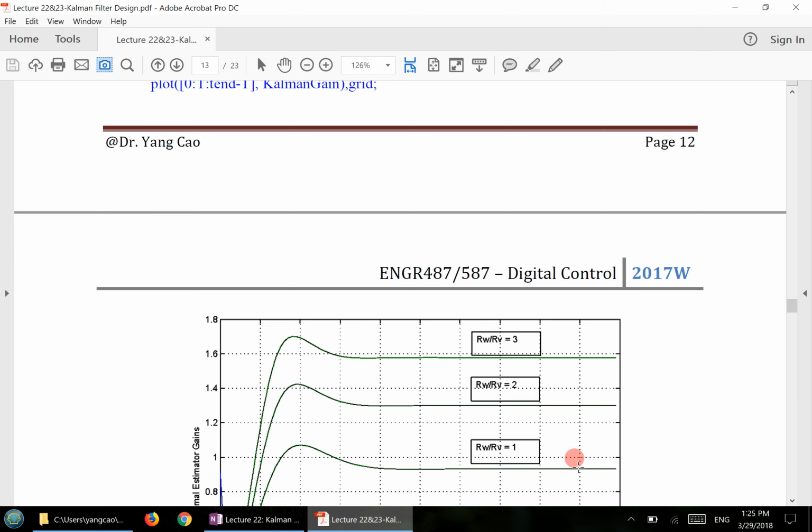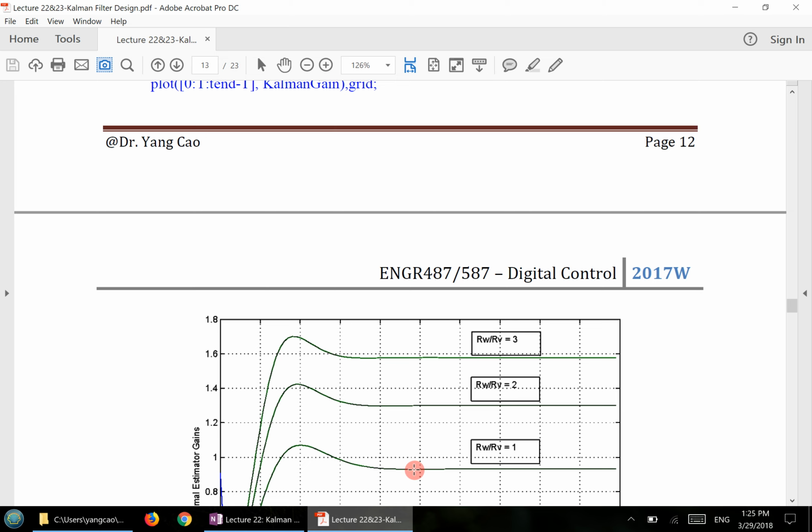Which one has the smaller gain here? This one has the smallest Kalman filter gain, isn't it? That's exactly the intuition you wanted. When your sensor noise is big, the Kalman filter will give you a smaller Kalman filter gain.